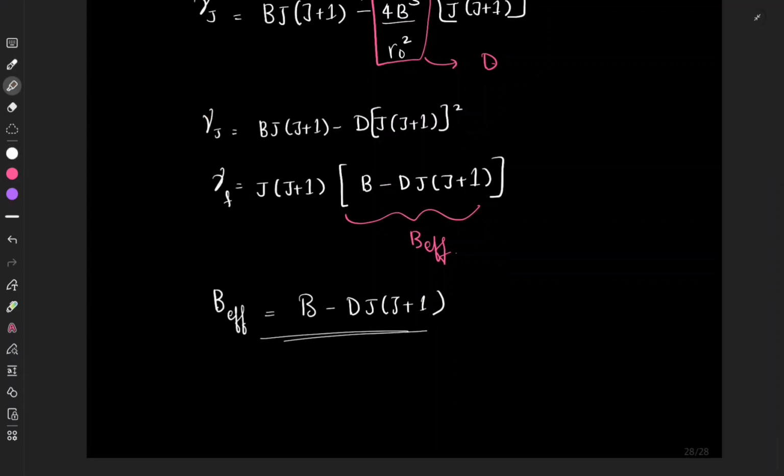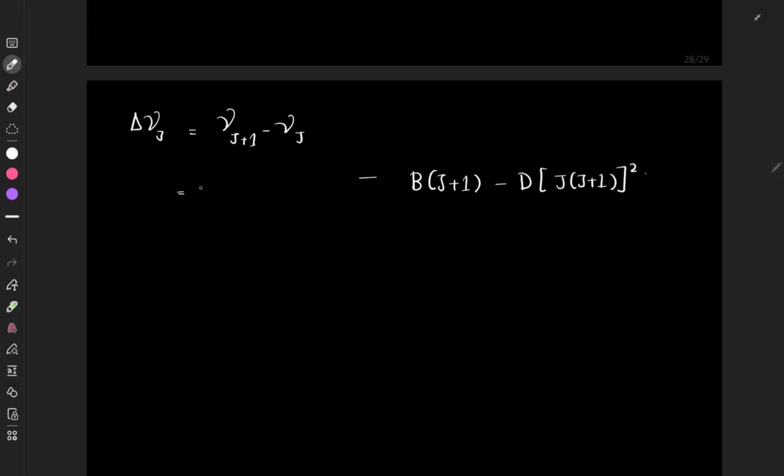Now next we're going to find the frequency gap. So delta nu j is equal to nu j plus 1 minus nu j. So this one is B j into j plus 1, minus D j into j plus 1 the whole square.